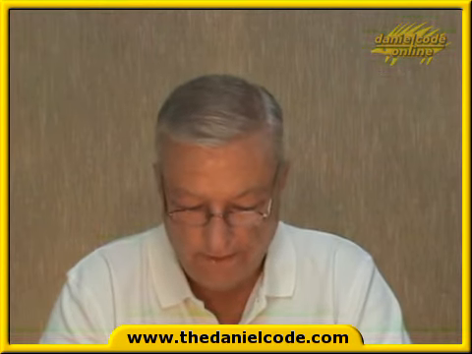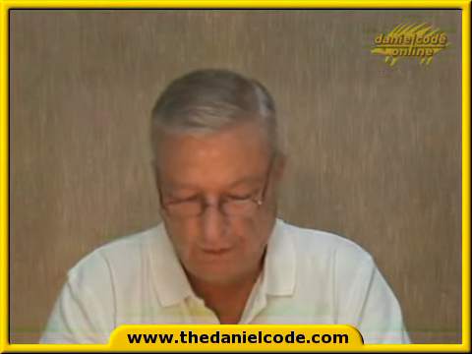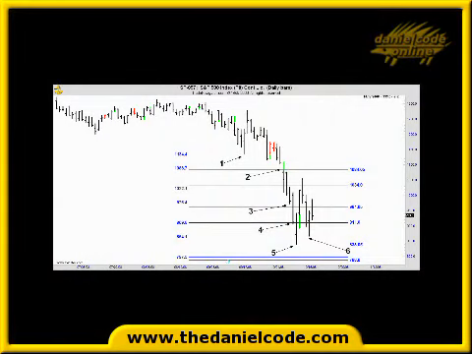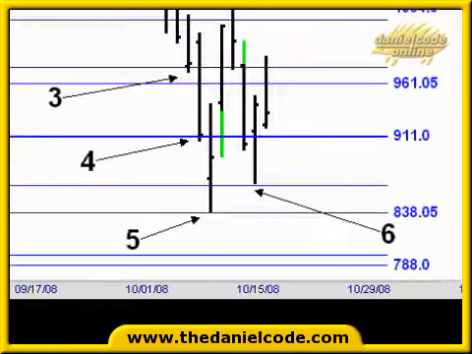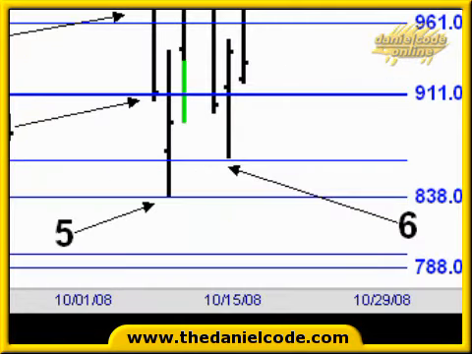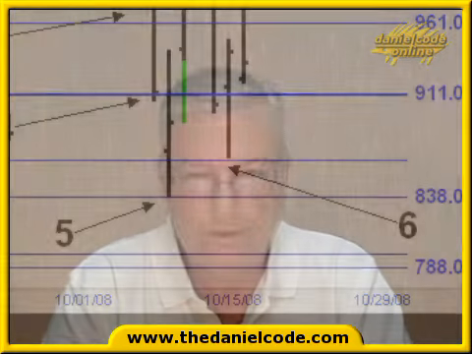So if you look at the lows on the numbers that I put on this chart at 5 and 6, both of those days were called as huge panic days, end of the world, drama without end. Where do they turn? Exactly at the Danielcode numbers. In fact, the bigger the volatility, the better the turns at the Danielcode numbers.